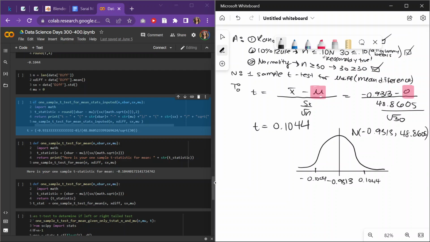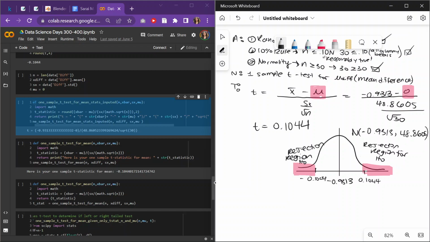And what I just did, this section from there to there, is the rejection region for H0. So this is the rejection region for H0, and this is the rejection region for H0.